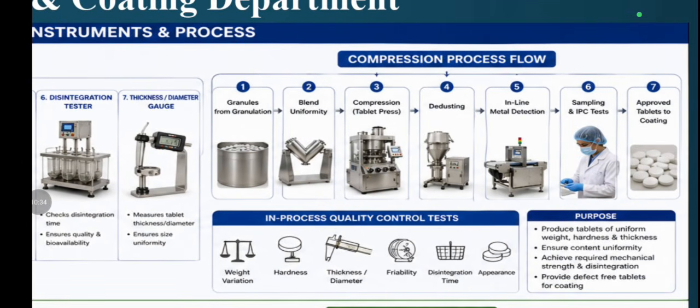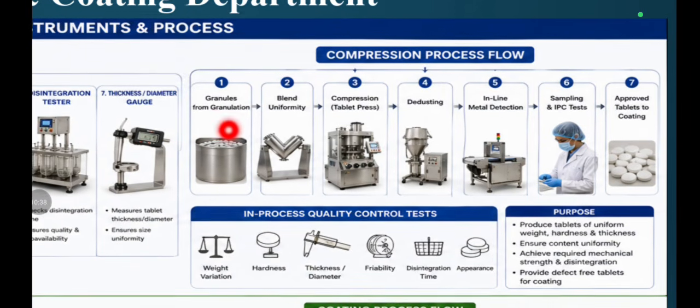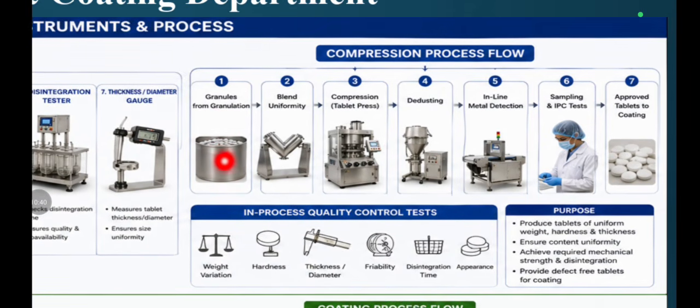So what is the compression process? First of all, we receive the granules from the granulation department, with the blend uniform firstly. After that, it is shifted to the tablet press machine. After that, the tablets are de-dusted. Then the inline metal detector machine detects any metals that may be present in the tablet.